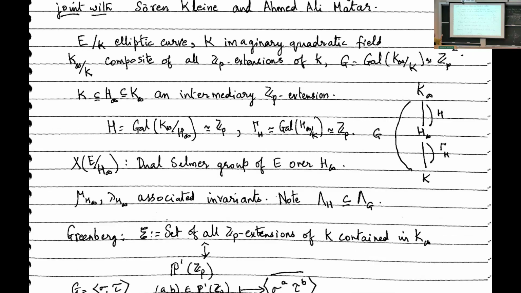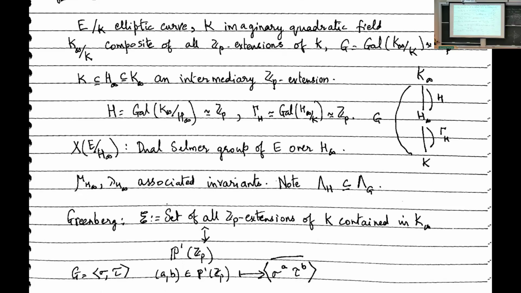For each of those, I have the associated invariants, the mu invariant and the lambda invariant. And now note that this Iwasawa subalgebra is viewed as a subalgebra of this larger Iwasawa algebra. You have the Iwasawa algebra for the whole Galois group G, which is Zp squared. So that's a power series ring in two variables. And then when I look at H, that's a Zp, and that gives me a subalgebra, which is a power series ring in one variable.